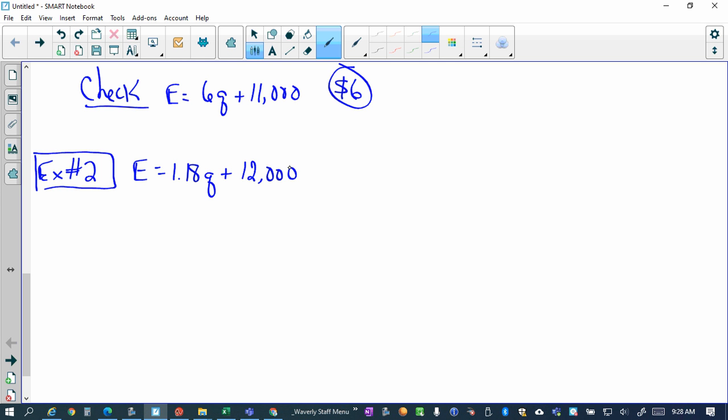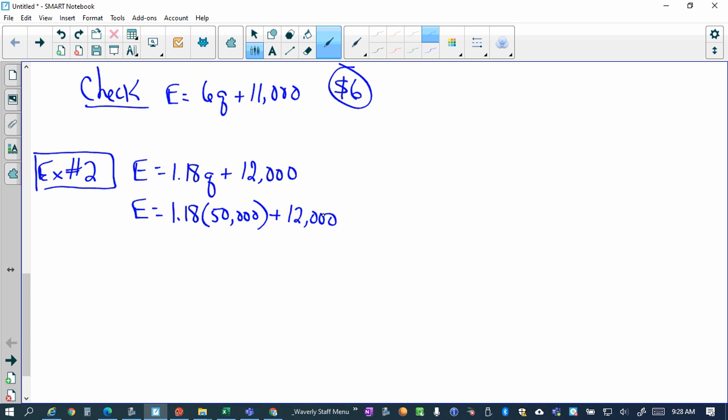So they want an average price of producing one pair if they make 50,000. What do we do with that 50,000? That's the Q, quantity, isn't it? So in this case, our expense equals $1.18 times the quantity, 50,000, plus the 12,000.